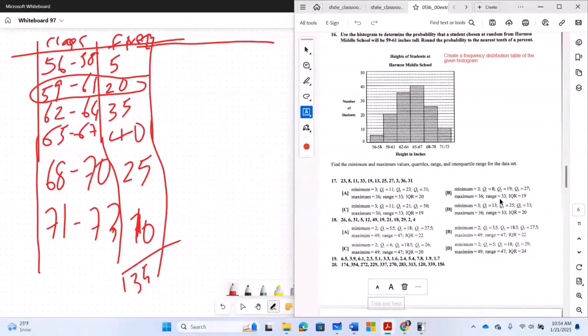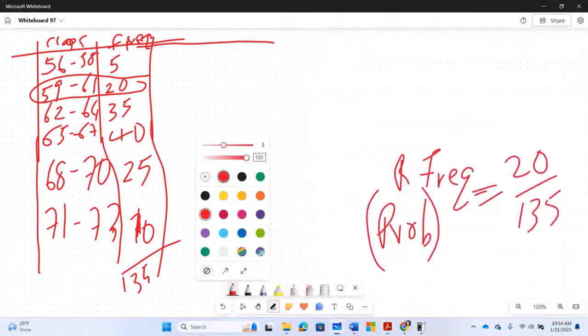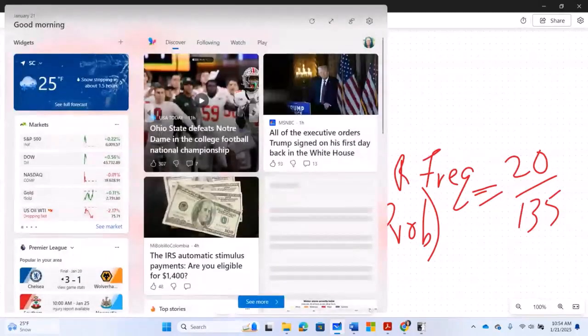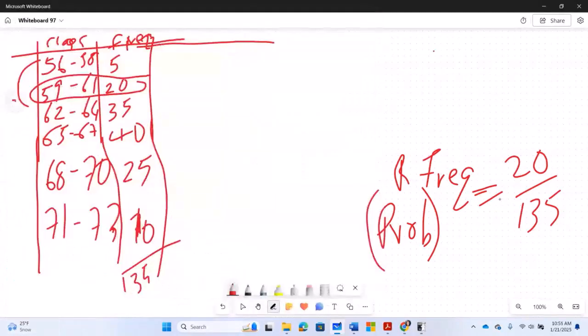We did that. By the way, if I'm told to calculate the class width for this table, it is the distance between consecutive lower limits. 56 minus 53 is 3, so the class width is 3. 65 minus 62 is 3.